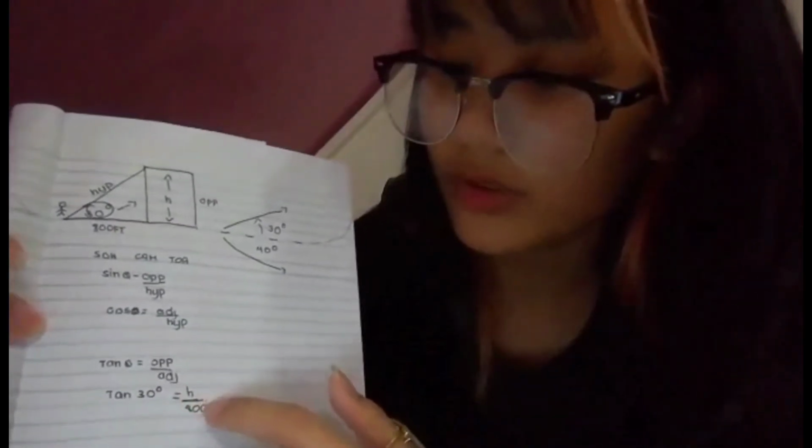So it will turn out to be like this. Tangent 30 degrees is equal to the height divided by 800, which is the height of the building. So, let's multiply both sides by 800.